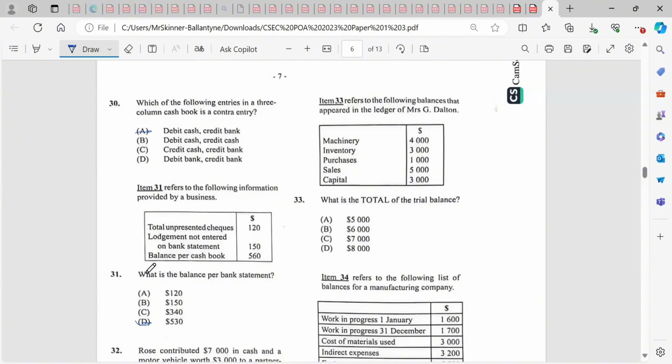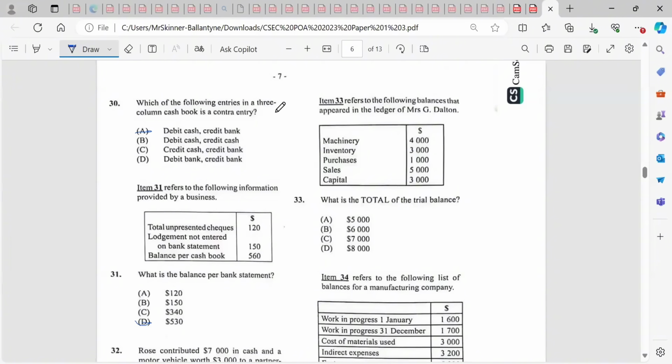Number 33, they ask what is the total of the trial balance. So we're going to put what will be on the debit side and what will be on the credit side, and both sides should be equal. Assets go on the debit side. Capital will go on the credit side.